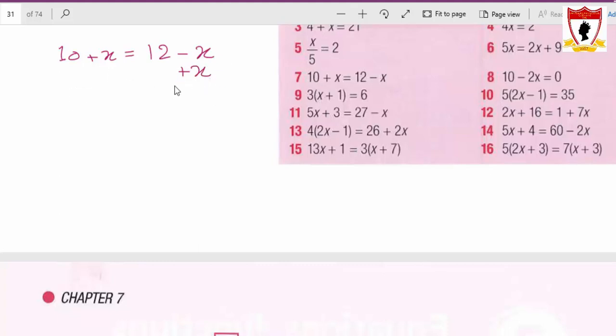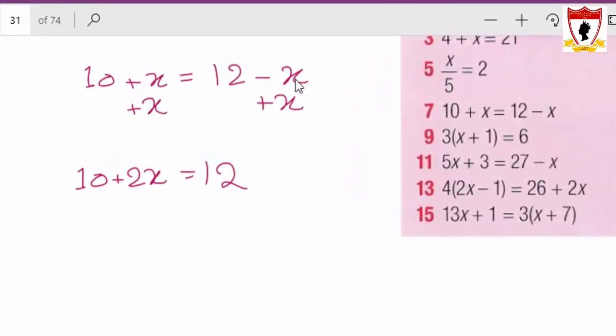And since it's an equation, whatever you do to the side, you have to do the same to the other side, plus x. Then let's see what will happen. X plus x will be 2x. So 10 plus 2x is equal to 12. Because negative x with positive x, they cancel each other out.